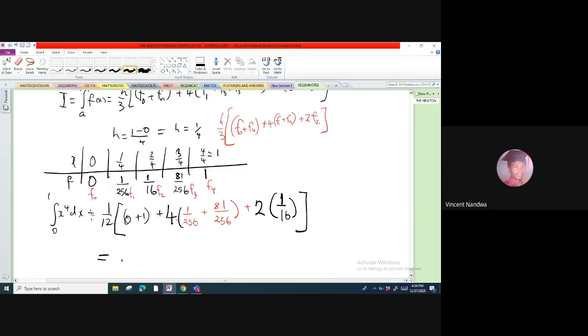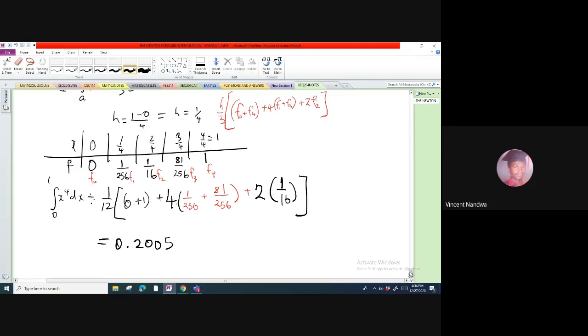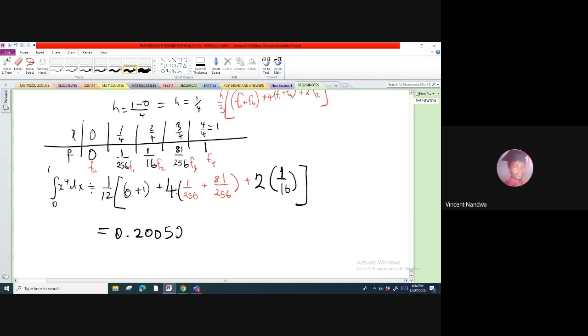When you work out this one, the answer will be 0.2005 20833.